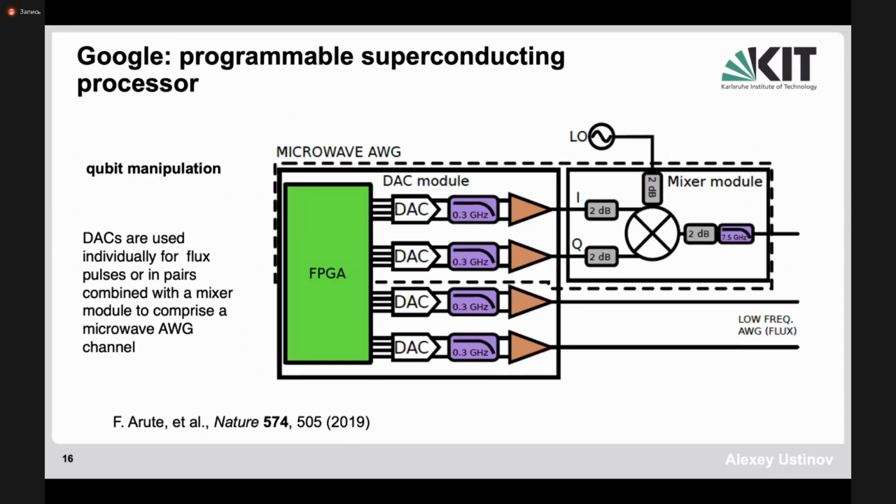Но здесь показана электроника с использованием FPGA, плюс схем, которые управляют ЦАПами, и, соответственно, эти ЦАПы генерируют сигналы, которые трансформируются по частоте в гигагерцовый диапазон за счет миксеров, которые делают преобразование вверх по частоте.